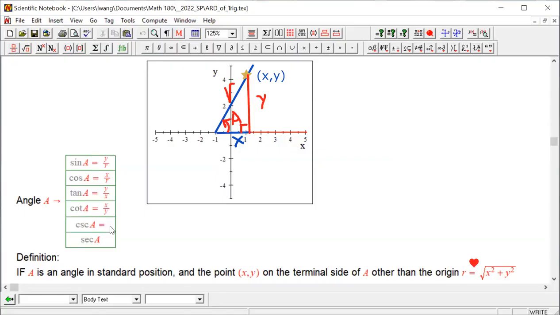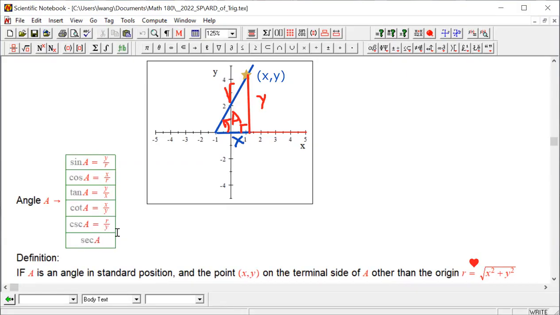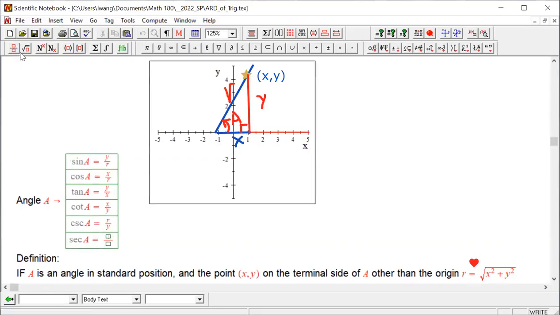Notice this is actually different from the definition you learned in geometry, because in geometry you don't have the rectangular system. This definition has similarity to the geometry definition of the trig functions, but it's also different because the setting is different. So cosecant is going to be r over y, and secant is going to be r over x.